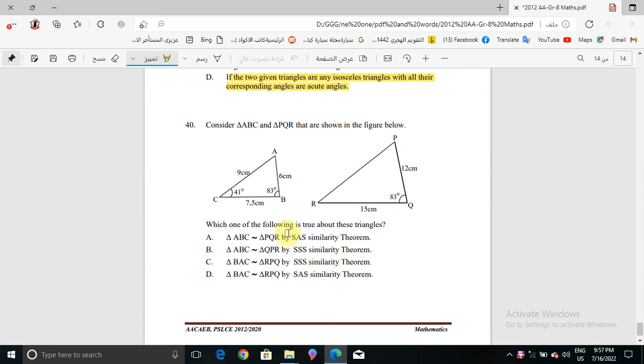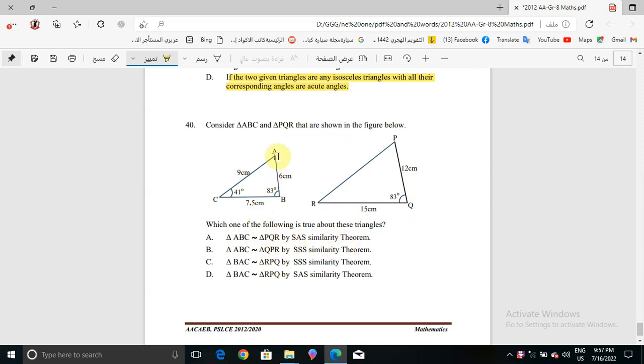Now question number 40. Here consider angle ABC and angle PQR that are shown in the figure below. Which one of the following is true about these triangles? The triangle ABC is similar to triangle PQR by side angle side similarity. Yes.